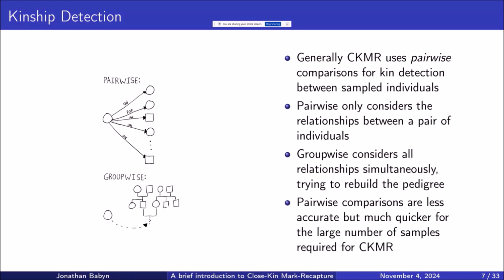But they are a lot quicker for the large number of samples that are generally required for Close-Kin Mark-Recapture. And there are ways to mitigate some of the accuracy problems, on both the data end and the modeling end.